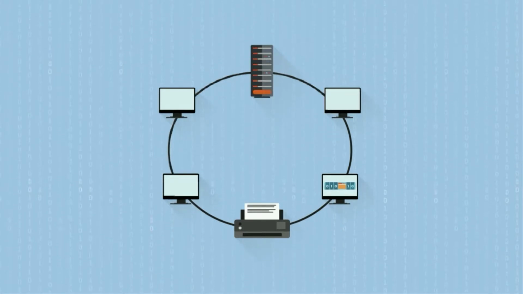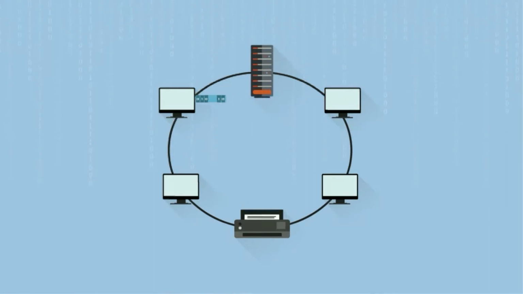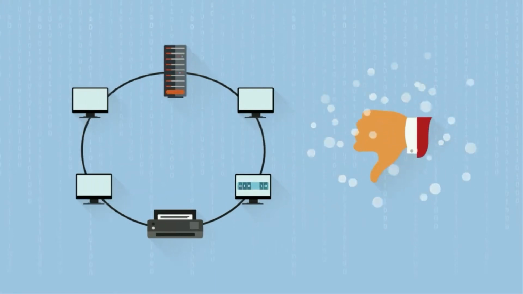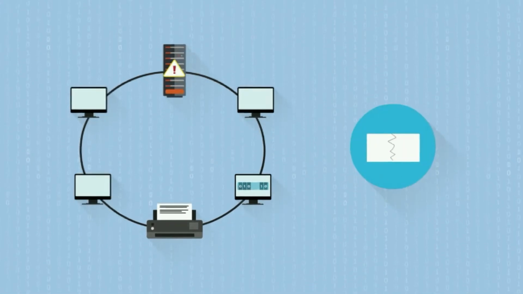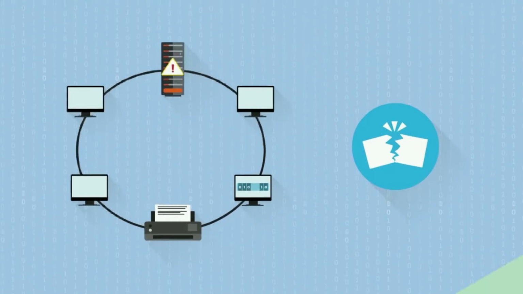When it reaches the destination system, that system pulls the information out of the token and it just keeps circling it around. So in token passing on a ring, collisions don't happen at all, but it's fairly slow by comparison. Another disadvantage is that if one node goes down in this type of ring, it will affect the entire network. If that file server went down, then it breaks the ring. So communications fail for everyone.